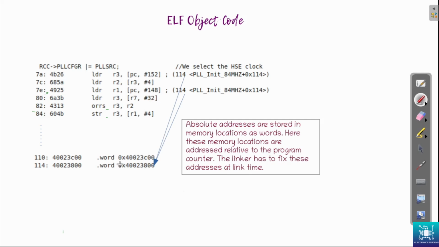So both of these are actually addressing the same value, and it is this. This is in the flash, and these addresses are going to change, which we shall see shortly.